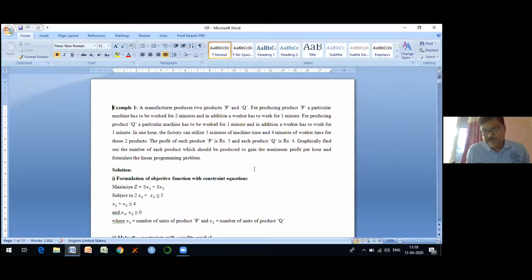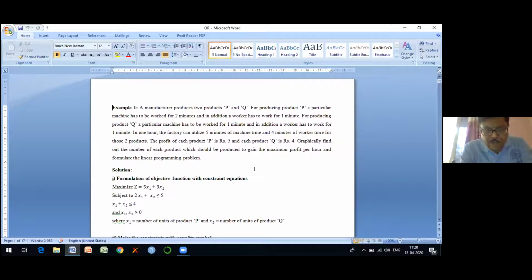If the production varies, the machine timing will also vary, and the labor hours will also vary. Therefore, in this linear programming problem, machine hour is one variable and labor timing is another variable.